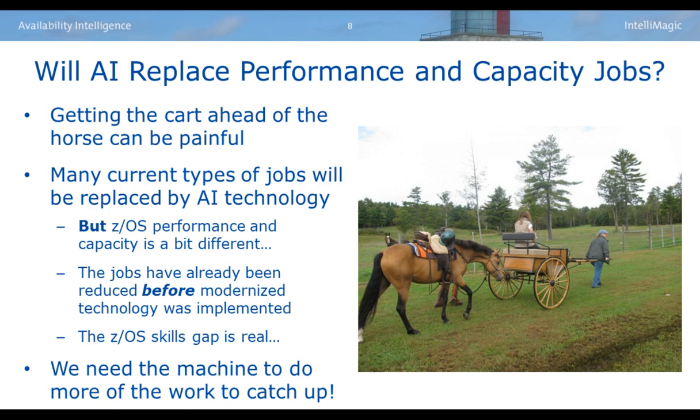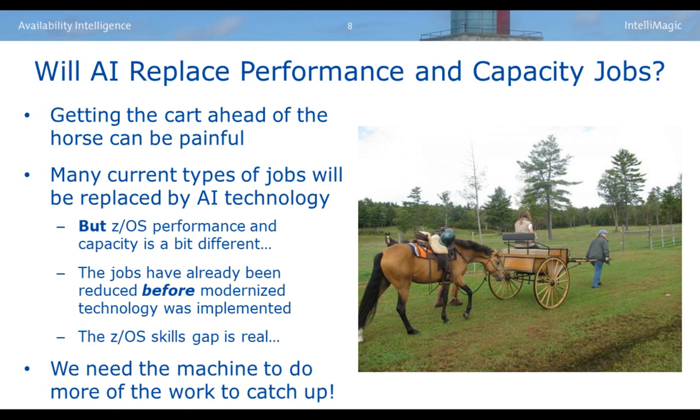Well, this picture is obviously portraying a painful situation if you're trying to get somewhere fast. This is not the way it's supposed to be, getting the cart ahead of the horse. And while many jobs will be replaced, it's a little bit different for z/OS performance and capacity from my perspective, at least, because the jobs have already been reduced before the modernized technology was implemented.